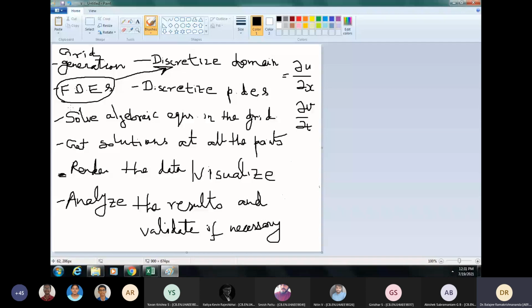Now you solve these FDEs in the discretized domain. Given that you are not solving completely, it's an iterative process most of the time. You start with some assumption, then you refine the assumption, and keep on refining it every cycle. That cycle is known as one iteration.